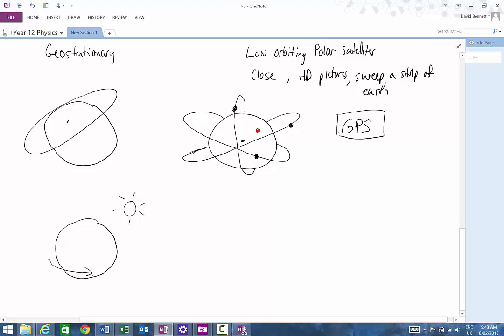Alright, so the Earth rotates quite quickly, and so if you were launching a rocket that way, you've got to overcome the Earth's spin. That does take a fair bit of energy to overcome. So what you'd be better to do is to launch it with the Earth's rotation. That way you get a little bit of an extra boost when you're launching a satellite.